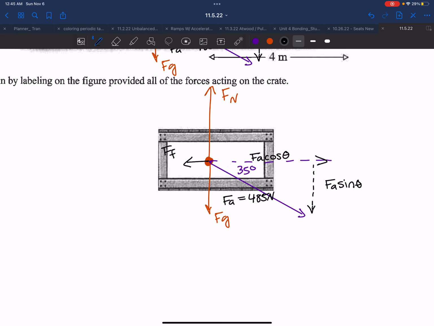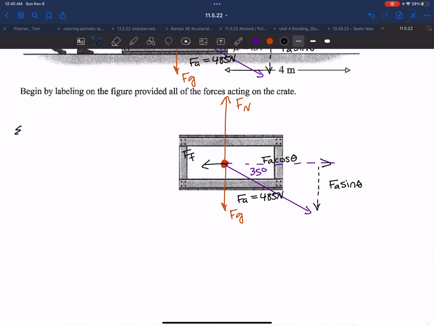So from here, same deal as before. We just have to use the forces in the x direction equal to mass times acceleration, and then the forces in the y direction equal to mass times acceleration in the y direction. So same deal as before, this block is being pushed to the right.